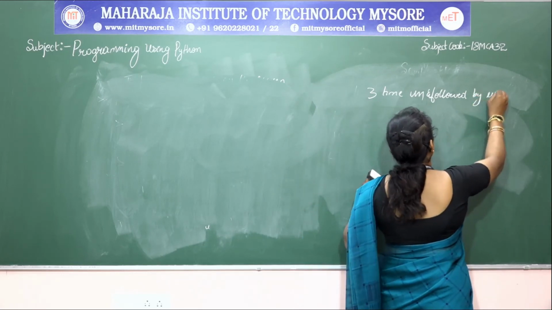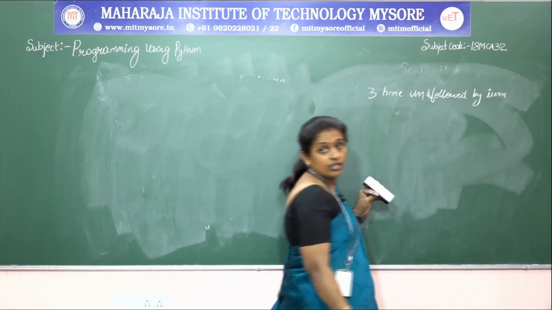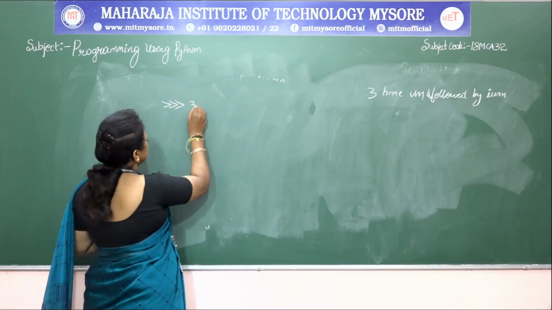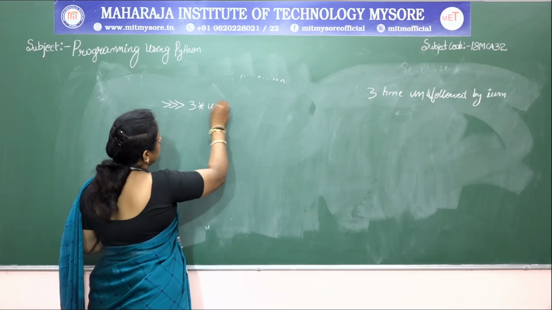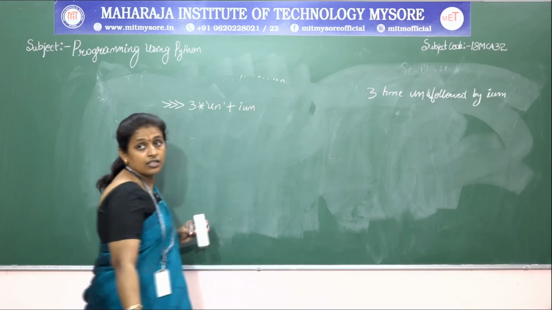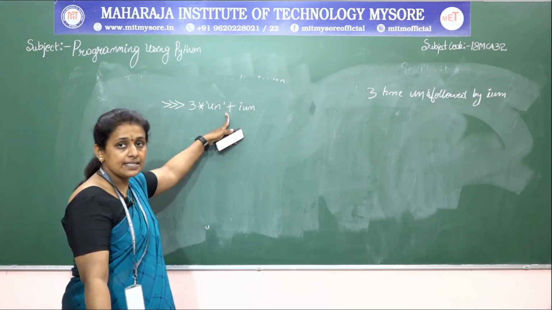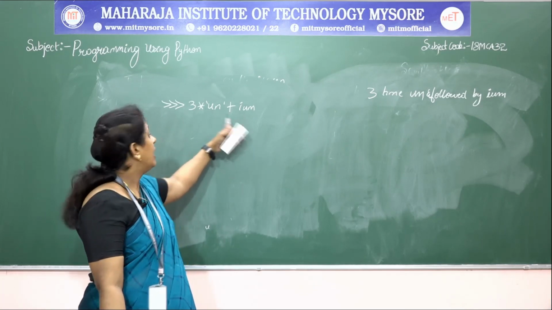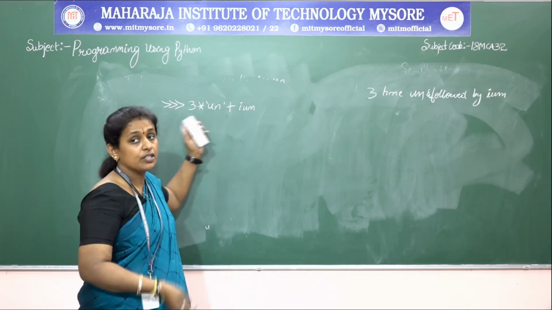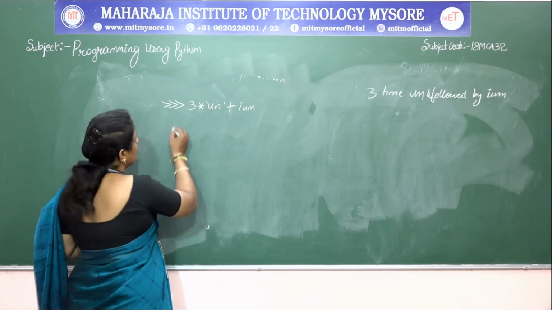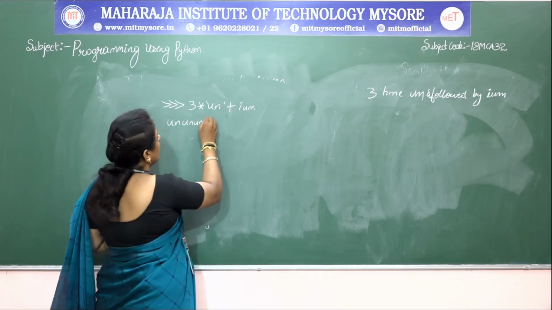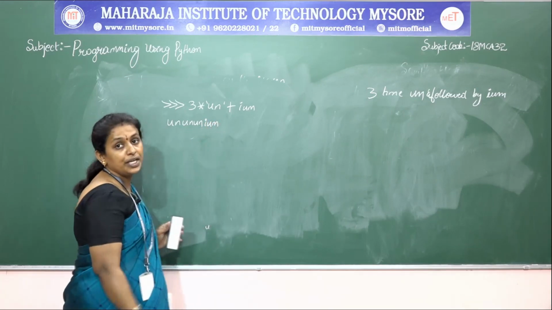For that I can write it like this: 3 multiplied by un, plus ium. The plus or addition symbol will add the content and multiplication will repeat things. Here I am repeating 3 times. So when this gets executed, I will get output as un 3 times and ium 1 time, ununium.